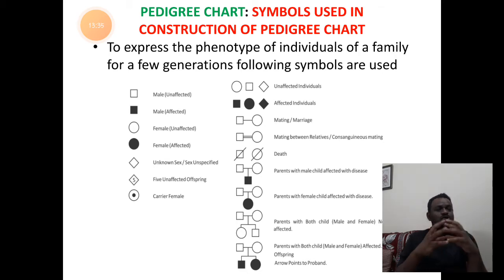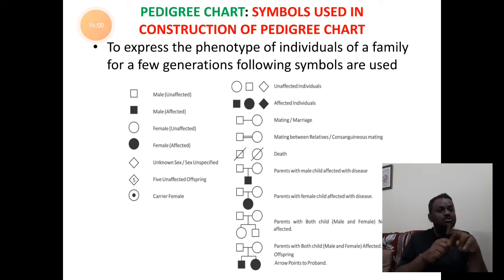And these allosomes, especially in females in human beings, are called homotypic chromosomes because they both look similar, XX chromosomes. In case of males, it is heterogametic. It is because we have one X and one Y chromosome.